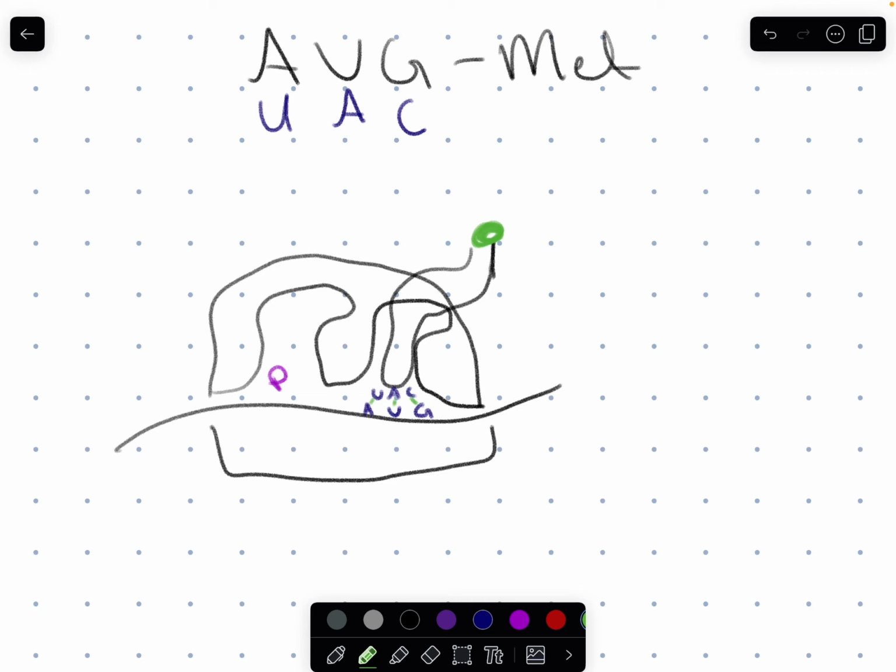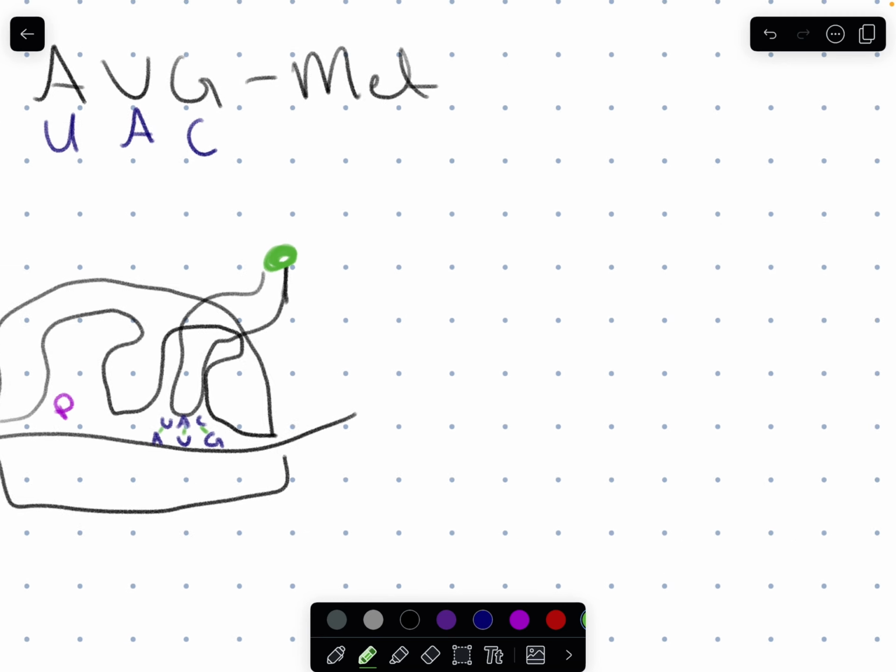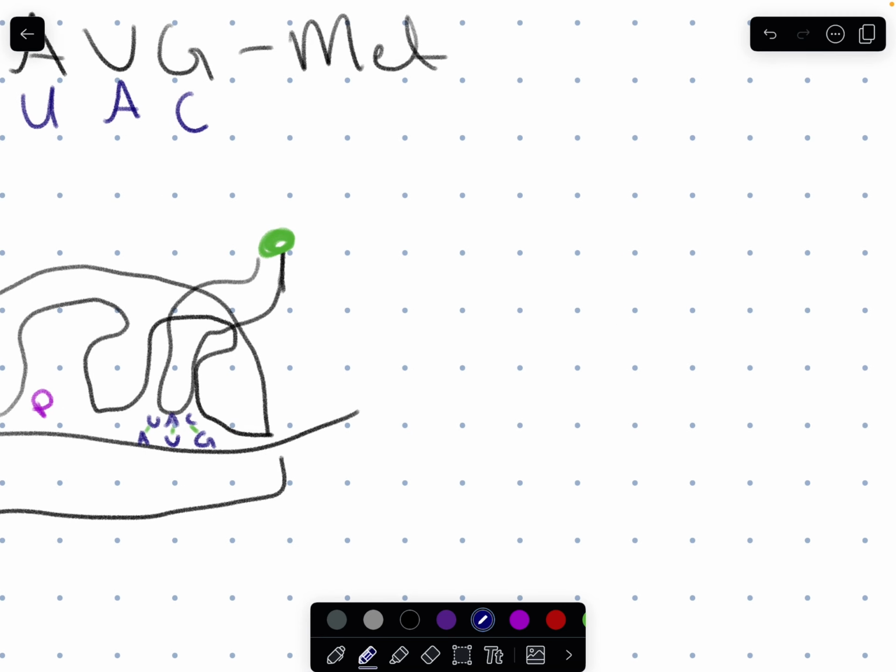Now, that's all fine and well. It starts off there, but what happens next? Well, it's in the A site, but there's nothing else to bind it to yet. Let's think of another codon. So let's say the next thing we have on our mRNA is CCU.